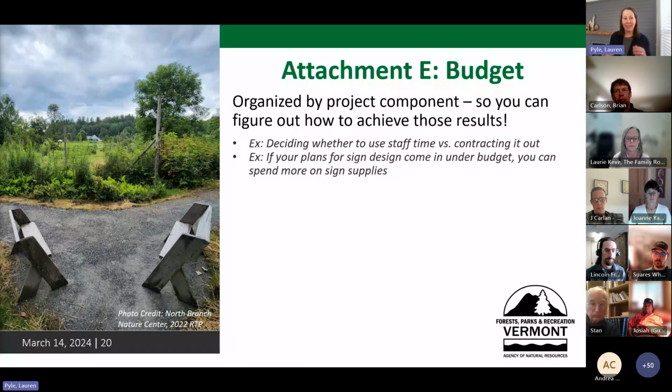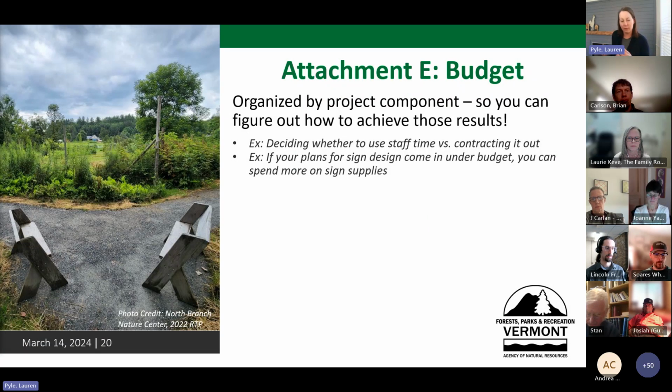The other thing in the grant agreement I want to highlight is generally attachment E, and that is the budget. As I mentioned earlier, it's going to be blocked by categories based on your project work components. So we're going to block those out for you so you can see it. You might say, but I already did all the work the other way.